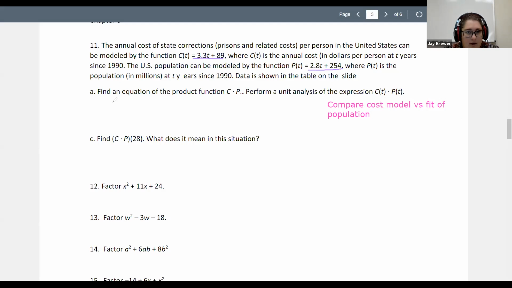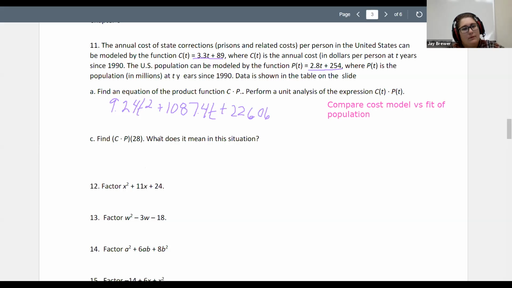So I got 9.24 P squared plus 1087.4 T plus 22,606. Okay.